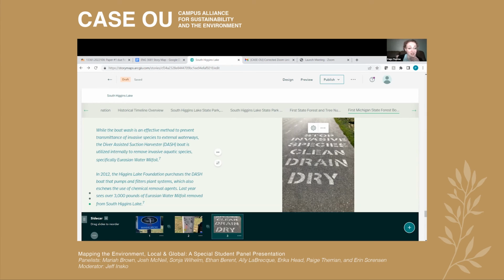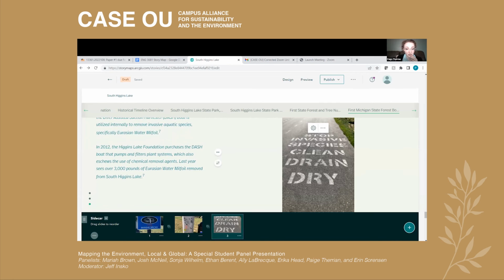But in 2012, the Higgins Lake Foundation purchases the DASH boat, which basically pumps and filters these plant subsystems, which also negates the use of chemical removal agents, which would essentially harm the quality of the water even further. And last year, over 3,000 pounds of Eurasian water milfoil were removed from South Higgins Lake.